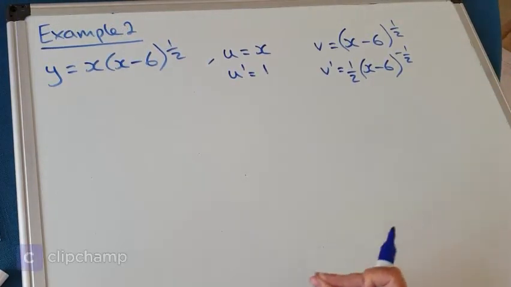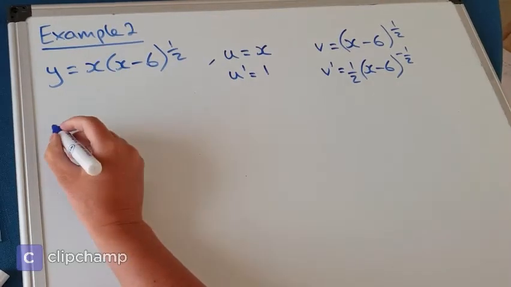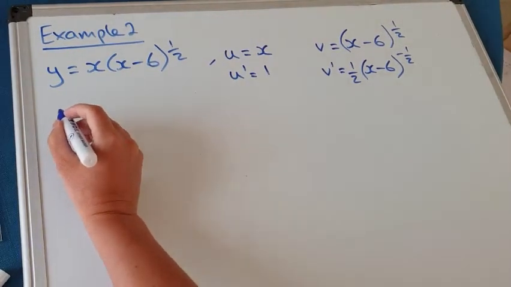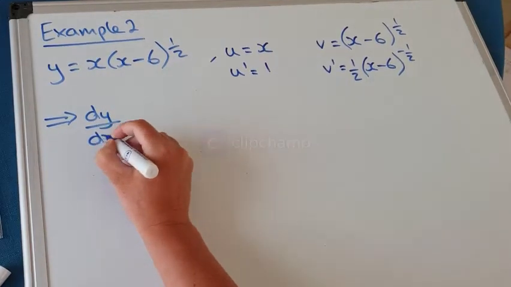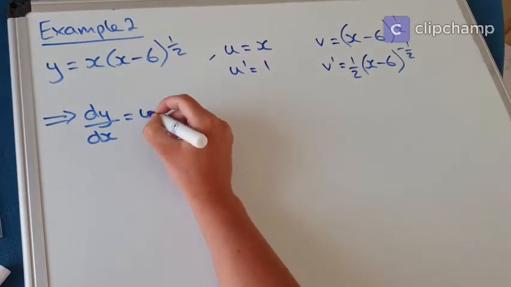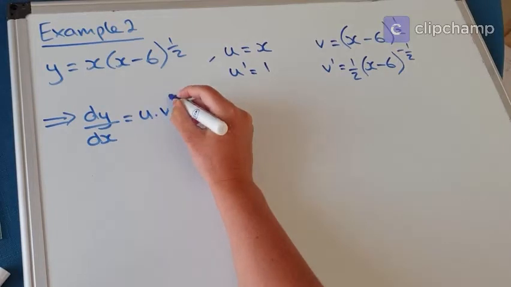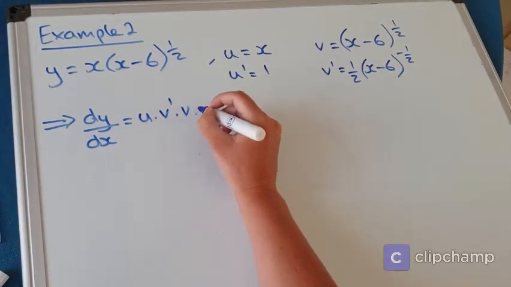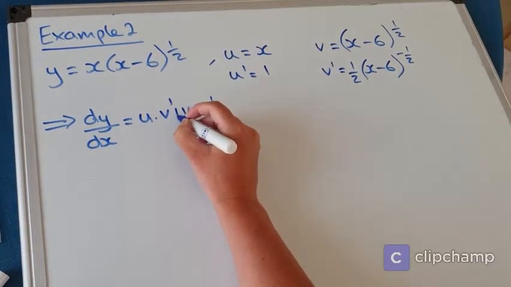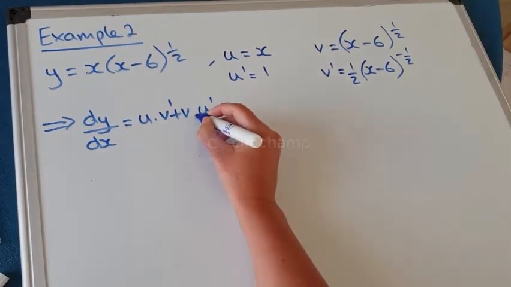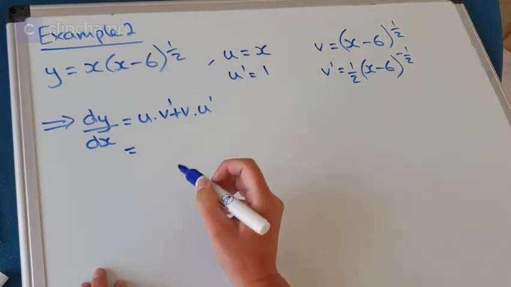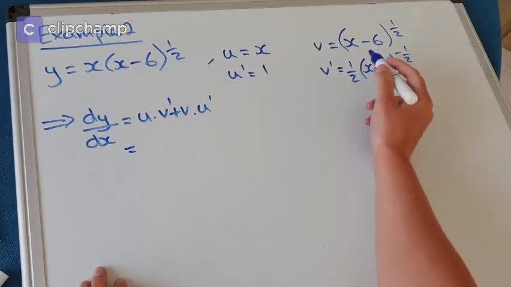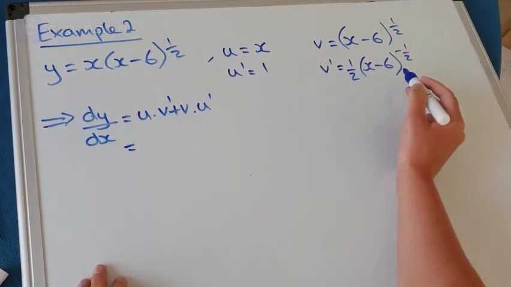Right, if I then go to my product rule, which is dy by dx equal to u dot v dashed plus v dot u dashed, then my u is x times v dash, which is this complicated thing here.